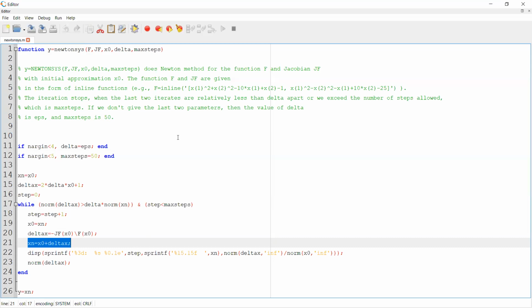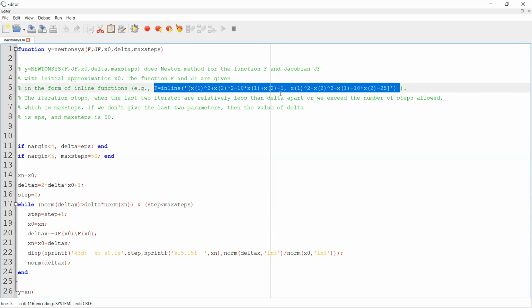So the way to define those f and the Jacobian matrix is as an inline function. The example is here. So we have this command inline, and then we put parentheses, and then we have here a vector of 2 coordinates, and in the coordinates we have functions.